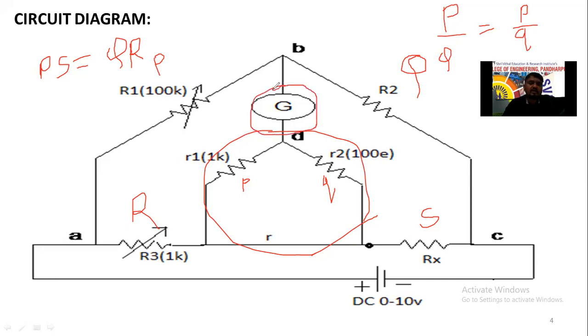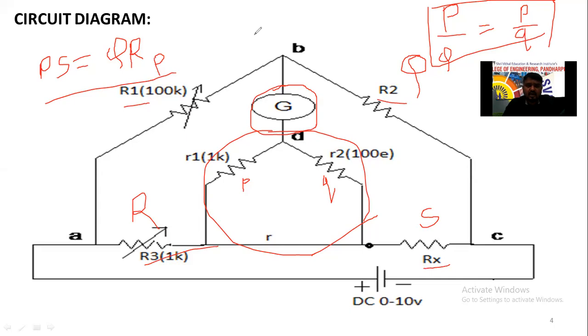The theory part, we have to derive and prove this. So R1 equal to P, R2 equal to Q, R3 equal to R, and R4 equal to X, Rx, we can call it here now.